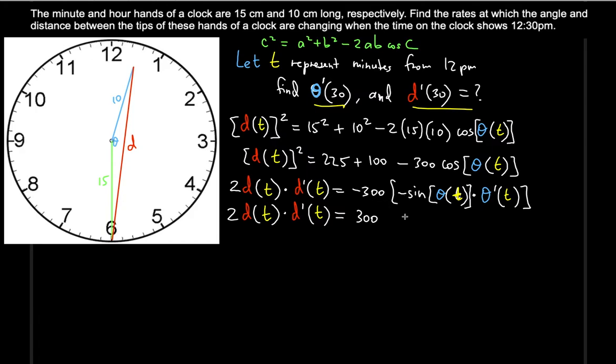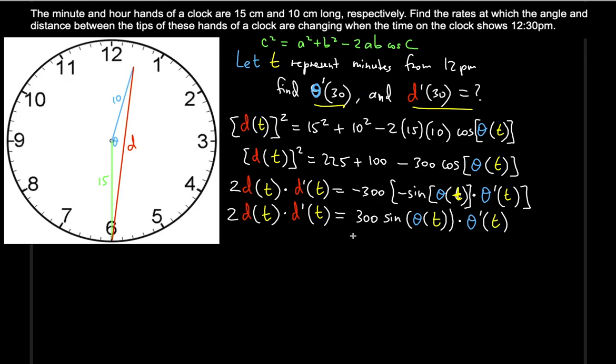So positive 300 sine of theta of t times, of course, theta prime of t. So as you can see, this looks a little bit simpler now. So here you go.